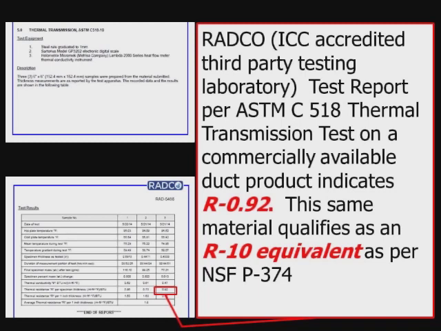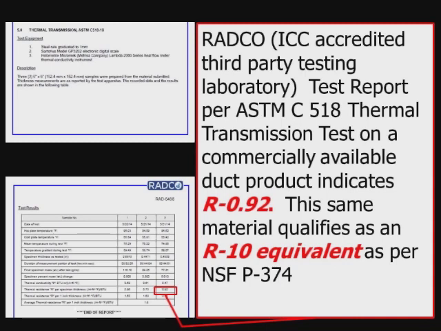So at any given point around that circle, you are dealing with a flat thickness of material, and at that point, the ASTM C-518 test describes how much heat can pass through that straight line point through that thickness of material.